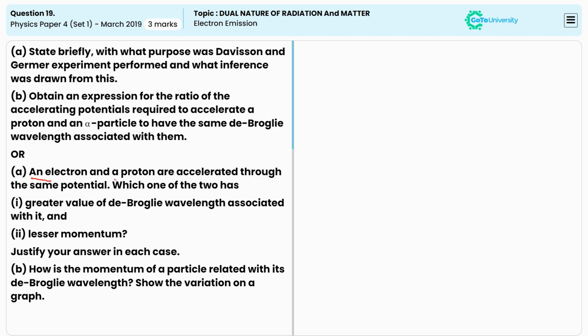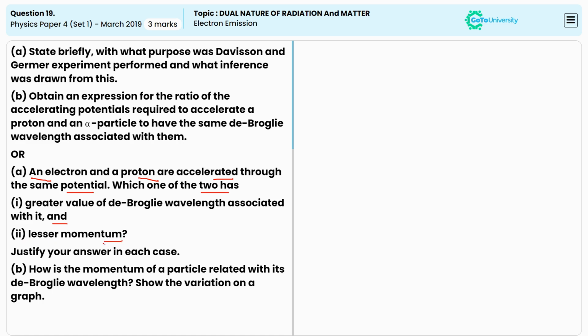An electron and a proton are accelerated through the same potential. Which one of these two has, first, greater value of de Broglie wavelength associated with it, and second, lesser momentum?